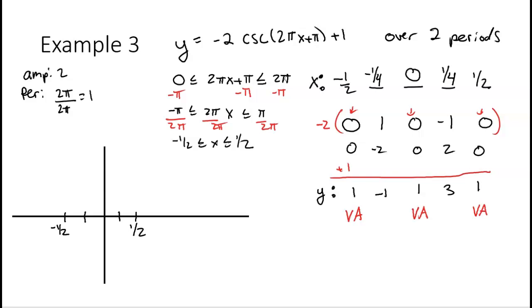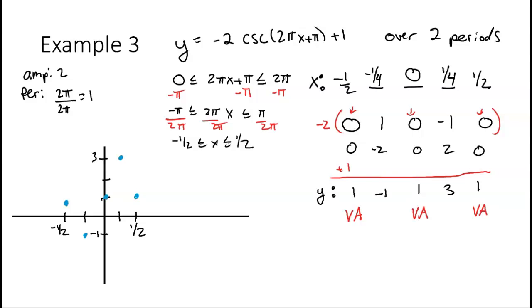Nice. I'm going to make my numbers at, oh, I forgot to put my x-axis and y-axis. So it's going up all the way to 3, technically down to negative 1. Okay, so negative 1/2 should be at 1. Then I'm down at negative 1, back up at 1, 3, and then 1.